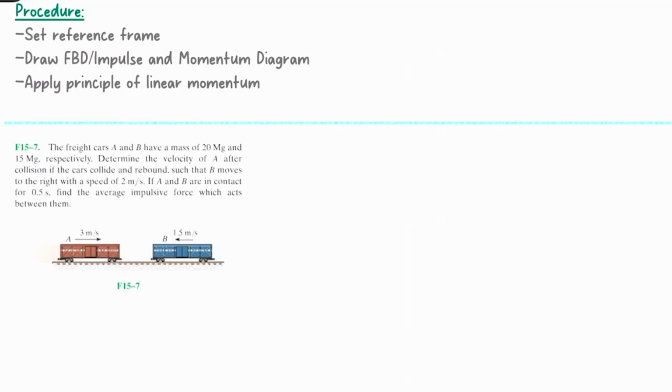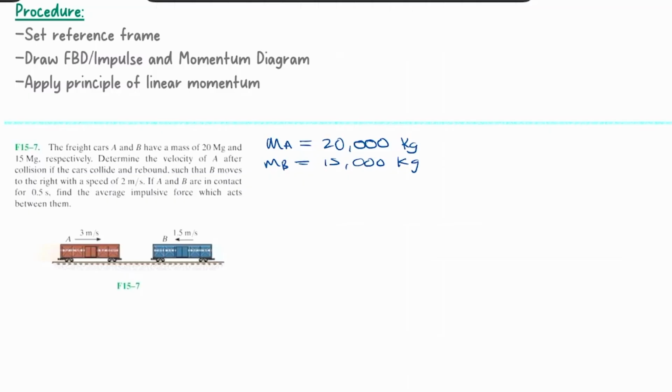All right, so this problem is pretty straightforward. It's not complicated at all. The mass of A is equal to 20 million grams, which is equivalent to 20,000 kilograms. Therefore, the mass of B is equivalent to 15,000 kilograms, so 20 metric tons and 15 metric tons.